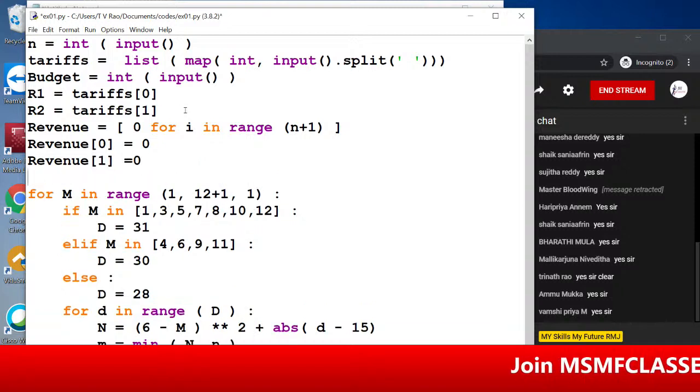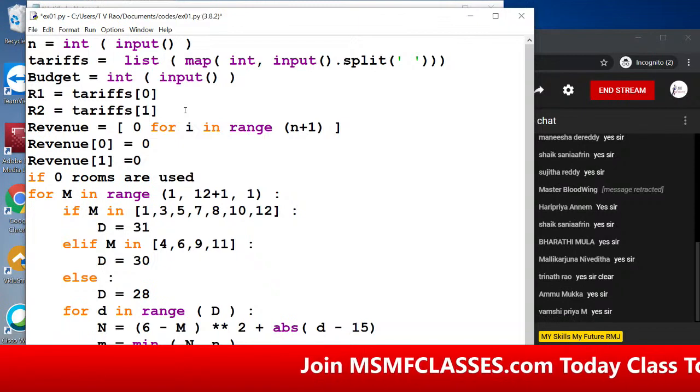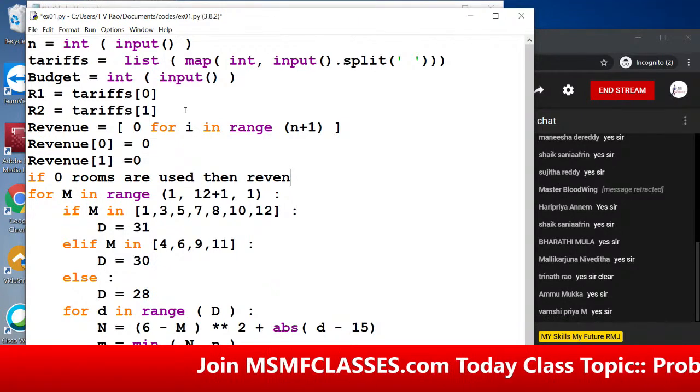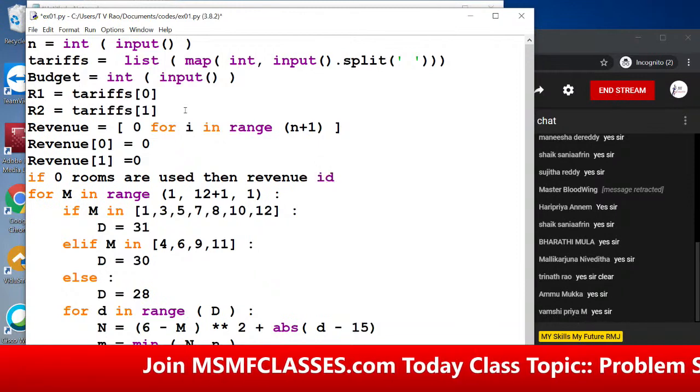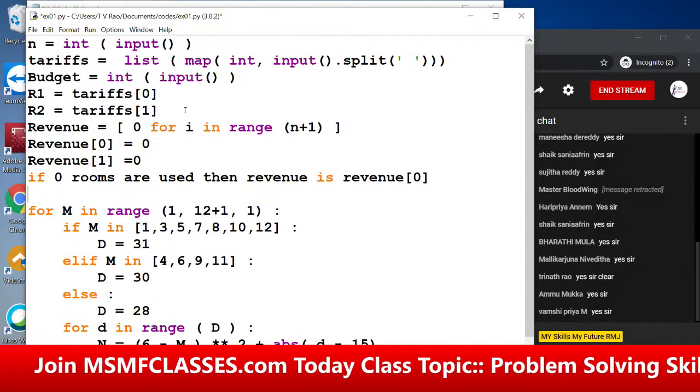The meaning is, if 0 rooms are used, then revenue is revenue 0.